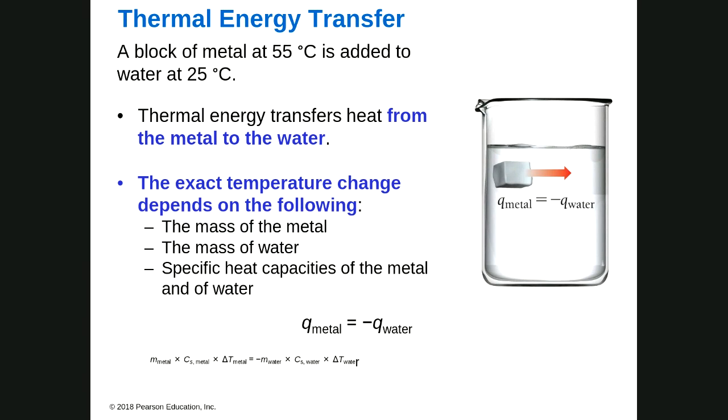I know this is kind of small, okay? But one we're gaining and one we're losing. Since they're going to be equal at equilibrium, the Q of the metal is going to be equal to the negative Q of the water, the heat absorbed and the heat lost.